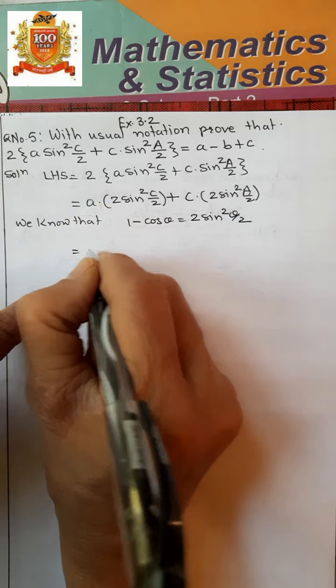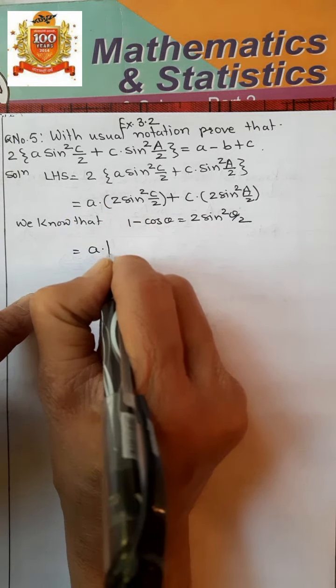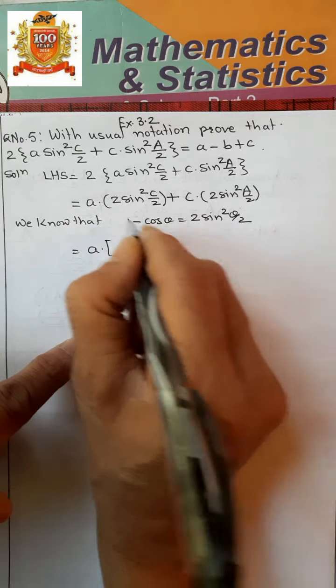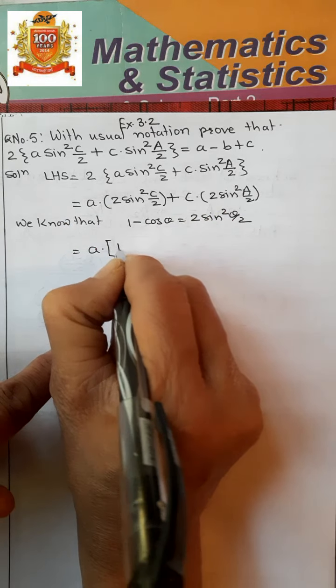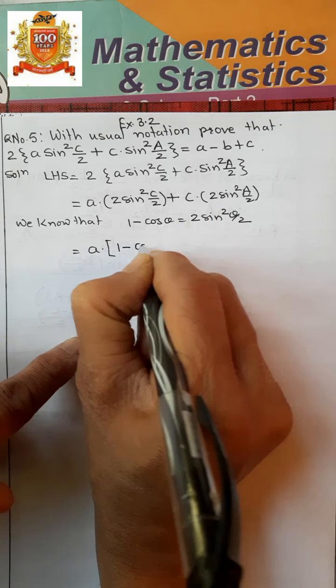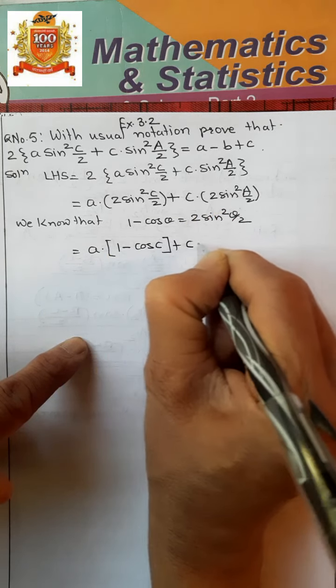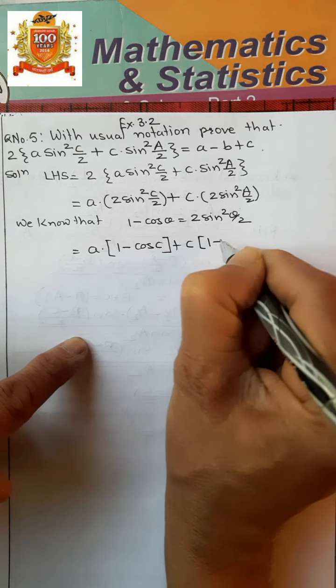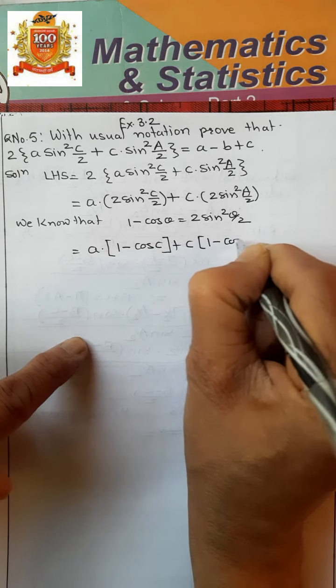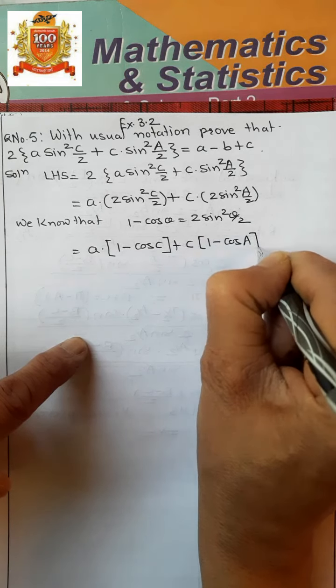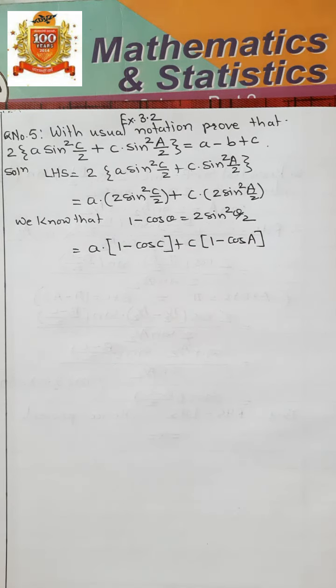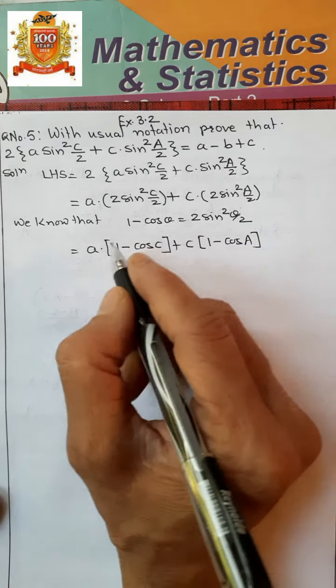Therefore, we can write here a into bracket 1 minus cos C plus c into bracket 1 minus cos A. We use this formula, isn't it?